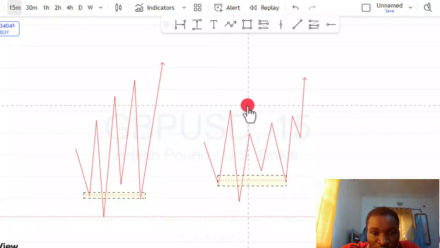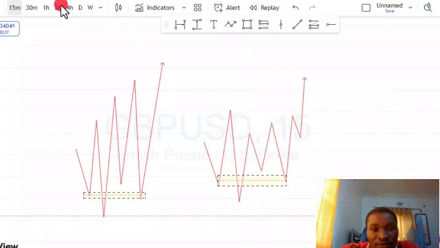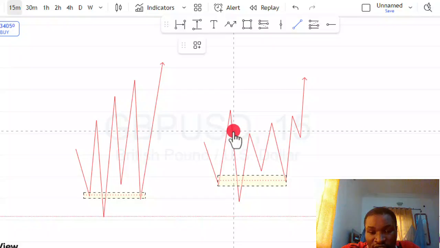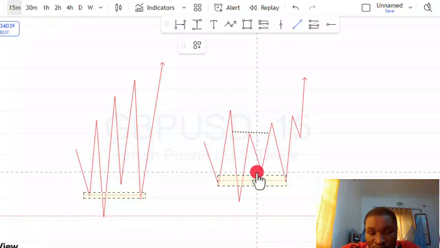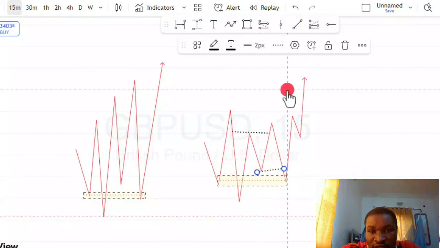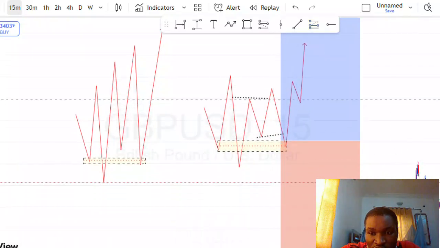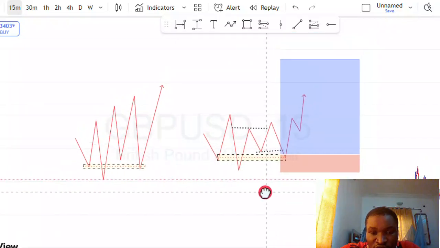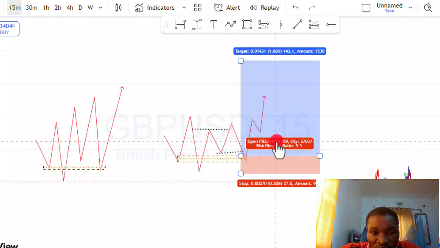There will be no full break of structure, there will be an internal break of structure, then before it comes back to give you an entry, that is the internal break of structure, that is the sweep, and this is the entry. I'll be showing you chart examples of trades which I've taken using this setup.